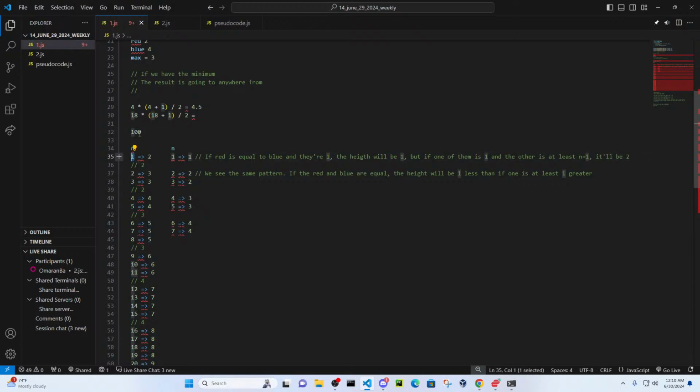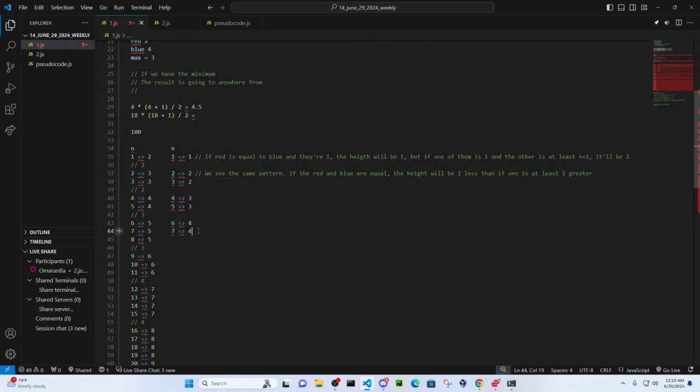So if blue was 1 and red was 100, what's the max? If blue was 2 and red was 100, what's the max? And then I also wanted to see the other side, like if blue was 2 and red was 2, what's the max? And the max would be 2.